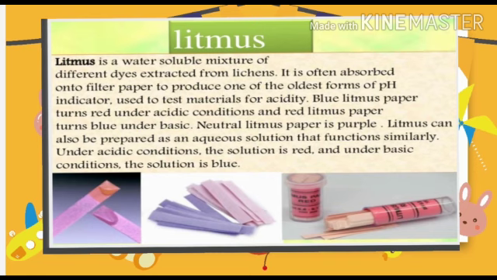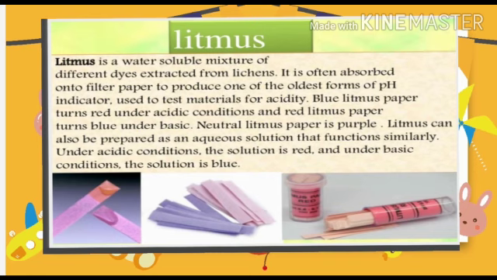Instead of using litmus solution as such, two types of litmus solutions are used: blue litmus solution and red litmus solution. Red litmus solution is obtained by acidifying the purple litmus extract, whereas blue litmus solution is obtained by making purple litmus extract alkaline.